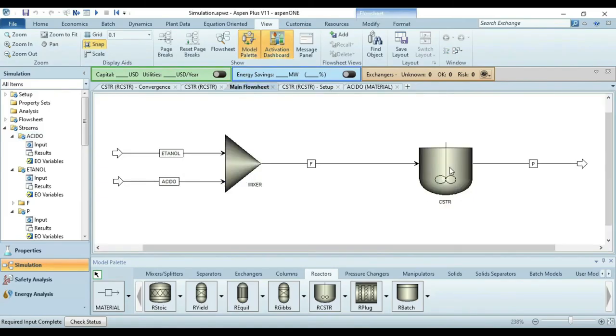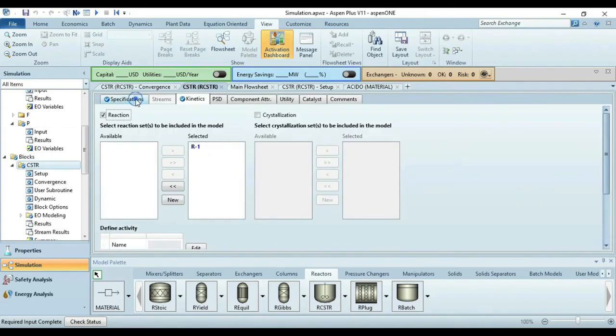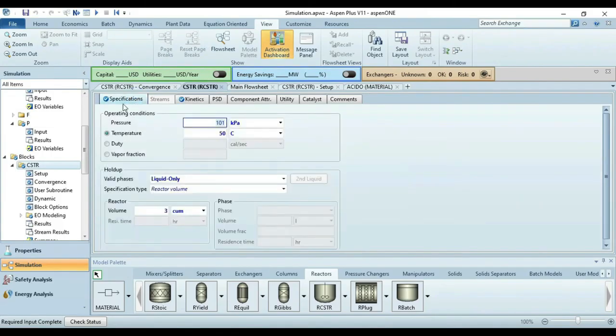Now we have to configure the reactor. For configuring the reactor, let's specify here the conditions, considering this pressure and this temperature that we have defined for the system. Also, we are going to consider only the liquid phase for the reactor, and a reactor volume of 3 cubic meters.